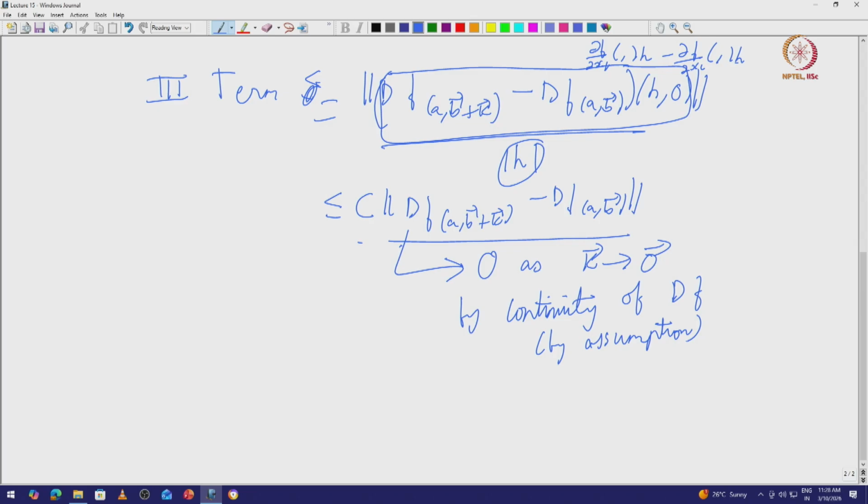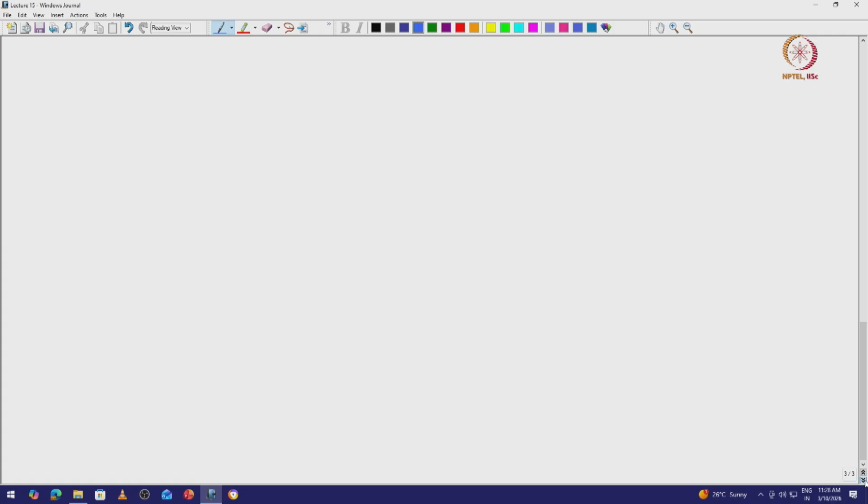Right? So this will then prove what we want. Yeah? Okay. So this proves the result that C1 implies differentiability.